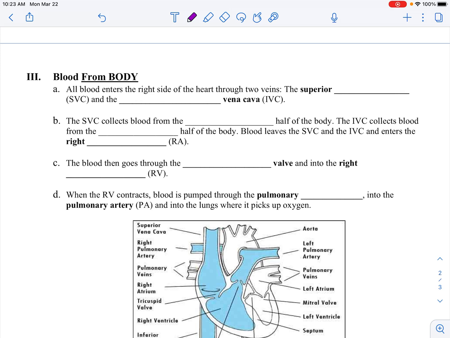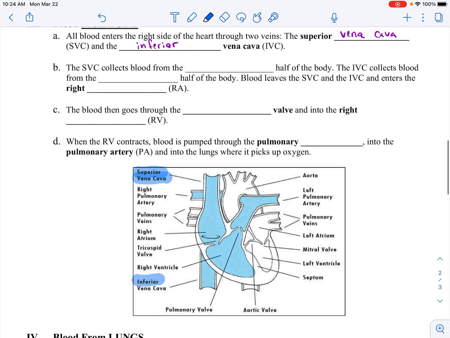So all blood will enter the right side of the heart from the body through two very large veins, the superior vena cava and the inferior vena cava. And I'm going to change my highlighter to a blue color. They are down here, superior vena cava and inferior vena cava.